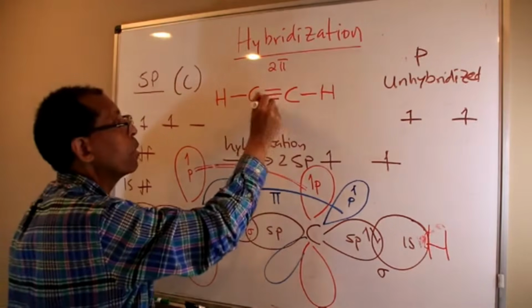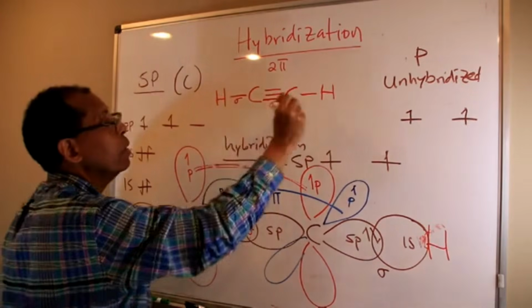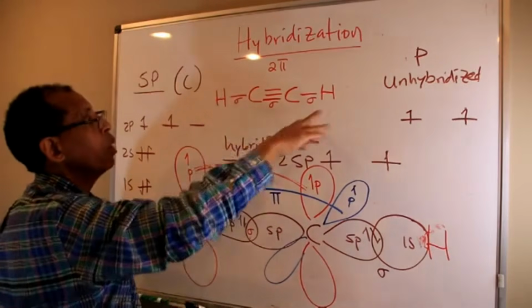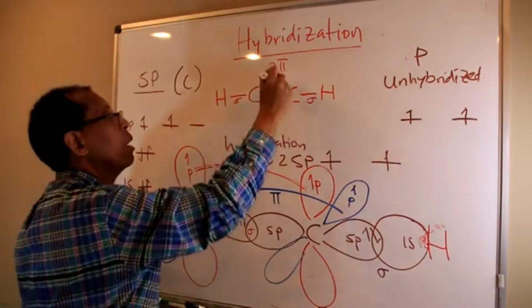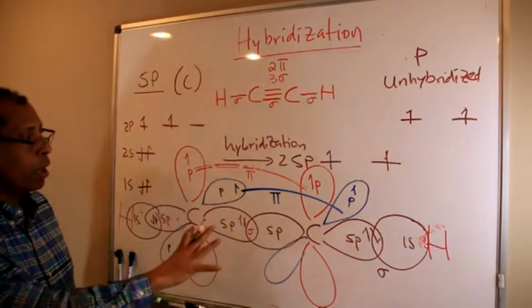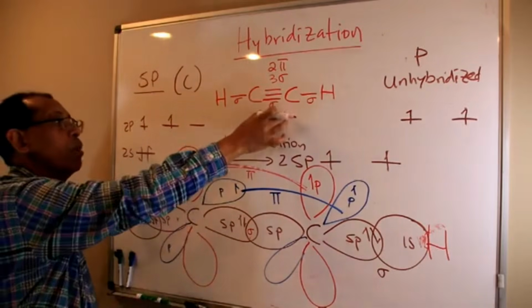And this is another sigma bond. This is another sigma bond. So this molecule, acetylene, would have 3 sigma bonds and 2 pi bonds. So this is how sp hybrid orbitals make up a triple bond.